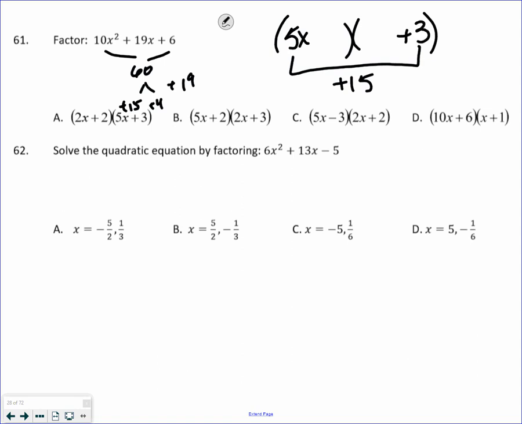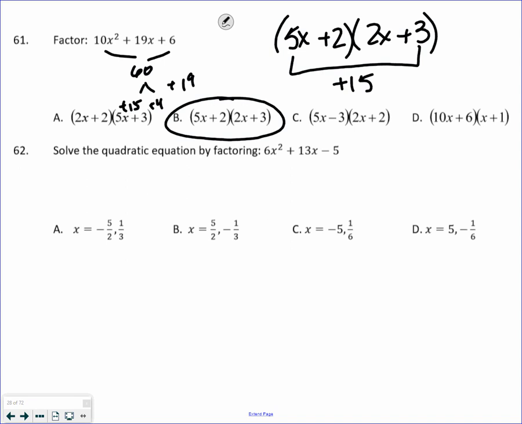So notice that from the beginning, the 10x squared, I needed a factor of the first term to go in the first spot, and a factor of the last term to go in the last spot, and it had to multiply to be plus 15. So that's a pretty specific situation there. Now, filling in the blanks, 5x times 2x is 10x squared, and 3 times 2 is 6, and so I get 5x plus 2 and 2x plus 3. B is the correct answer.